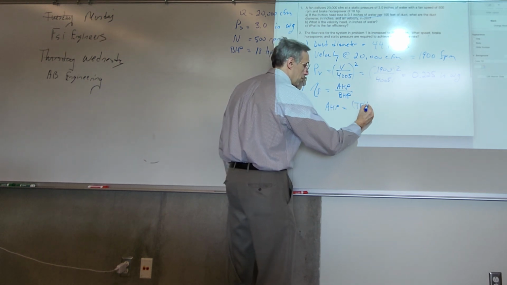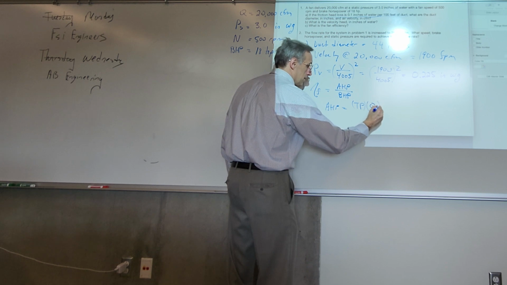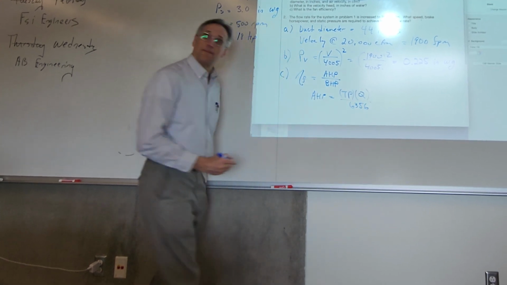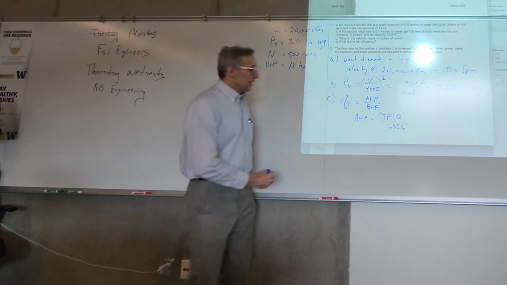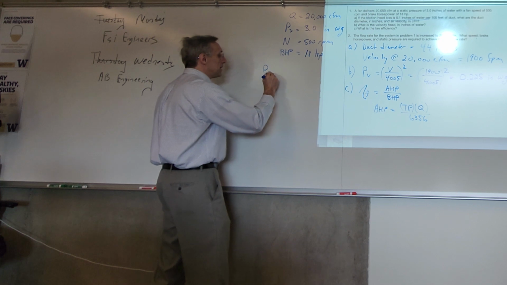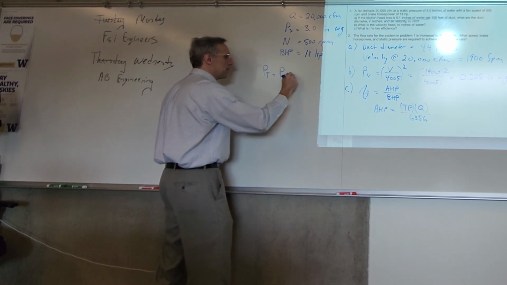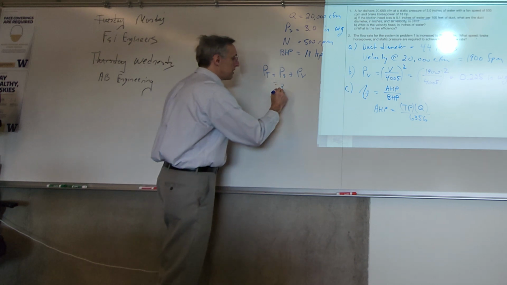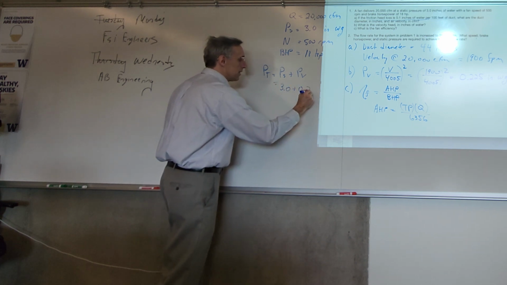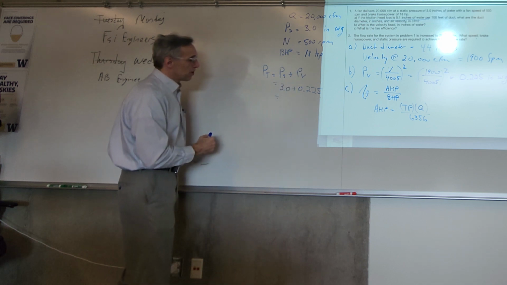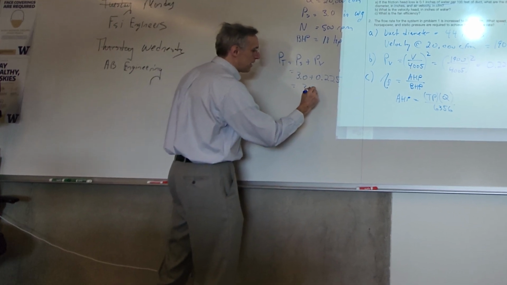It's the CFM times the pressure loss divided by 60. Yes. And the total pressure, or PT, is static plus velocity. The static is given to us as 3, and we calculate the velocity head is 0.225, so 3.225.